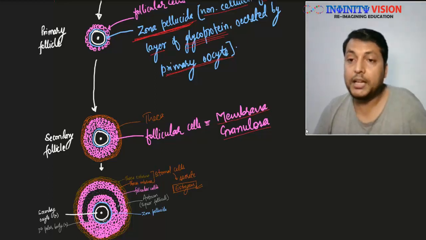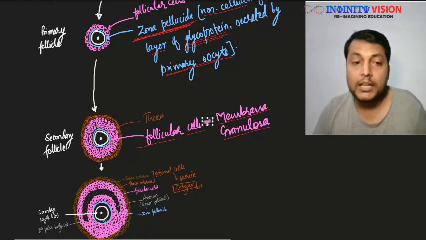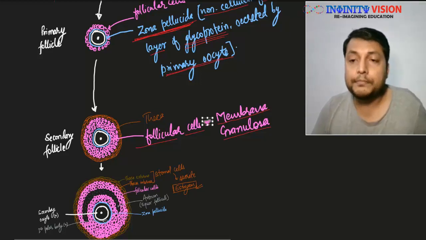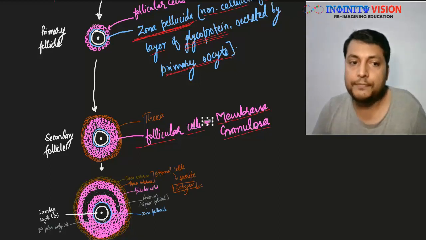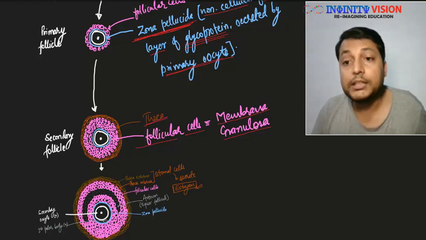So membrana granulosa in an ovarian follicle is a thick layer of follicular cells. Remember this point. Now on the outer side or the periphery of this follicle, there are some cells arranged. These cells are stromal cells and they form the theca.